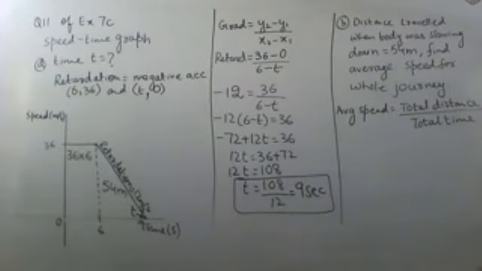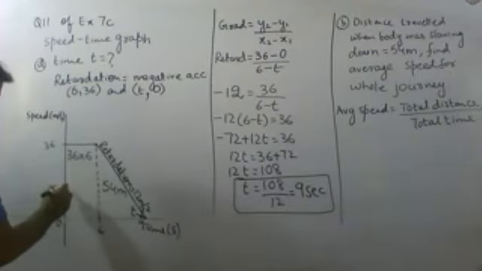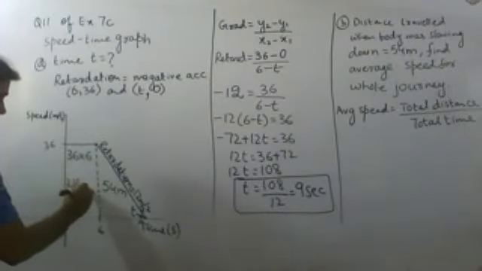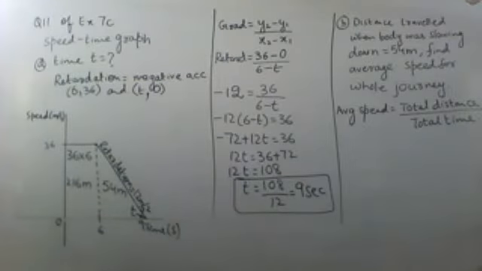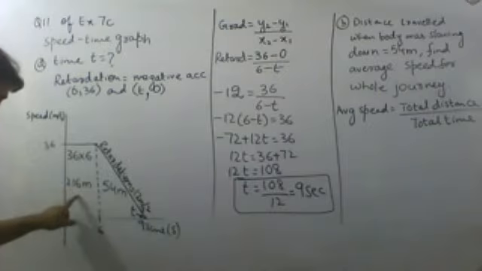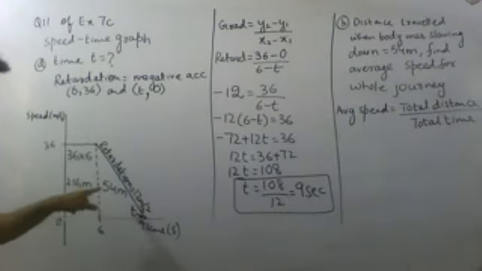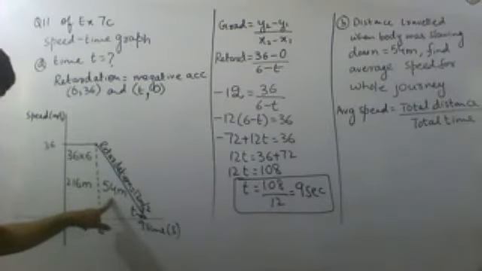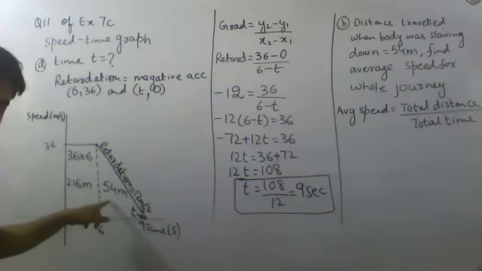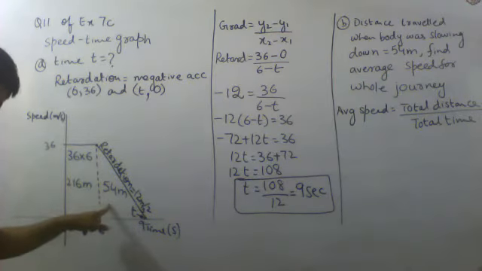When I multiply 36 into 6, the result is going to be 216 meter. 216 meter distance is covered over here, and 54 meter distance is covered when it was slowing down. This was given in the question.